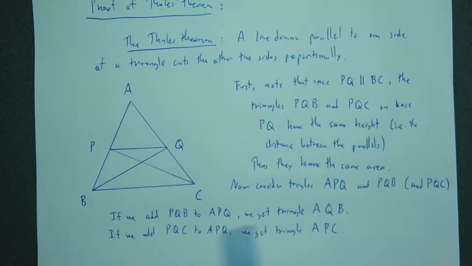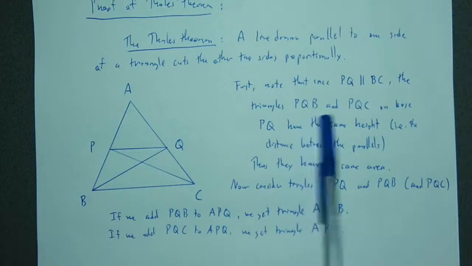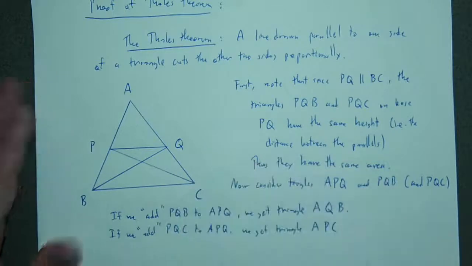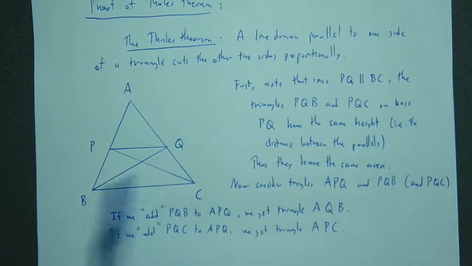So we began with two triangles PQB, PQC that have the same area. And when we say add here, we're adding the areas of these triangles. So we're adding the areas of PQB to APQ and PQC to APQ.